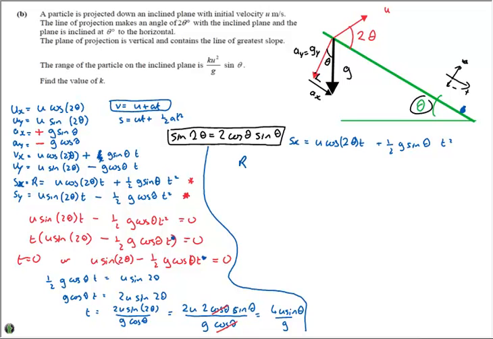And we get the range, or S of x, is equal to u cos 2 theta, I'm just putting in a different colour, times 4u sine theta over g plus 1/2 g sine theta times 4u sine theta over g, all squared. So multiplying this out, just grouping them together, and we'll see what we end up with.